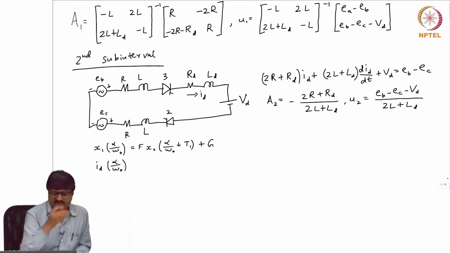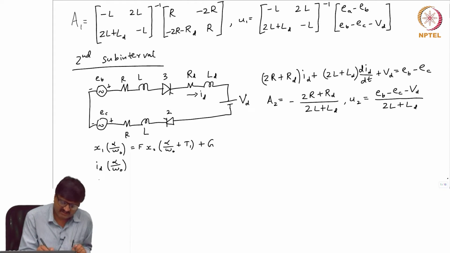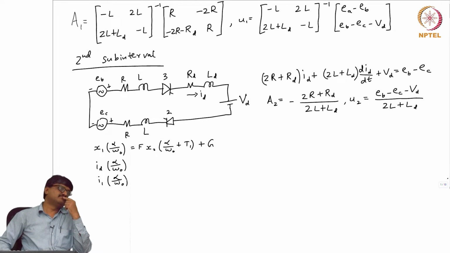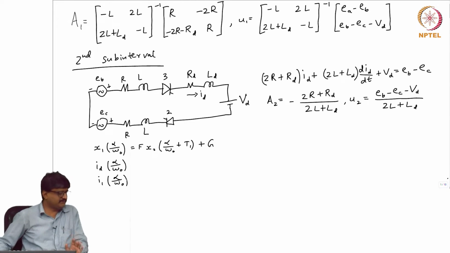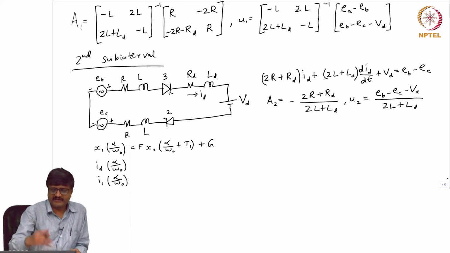How to write it in this form? What I need to do is write an expression for ID and also an expression for I1 at alpha by omega O. So, how to get it in this form?